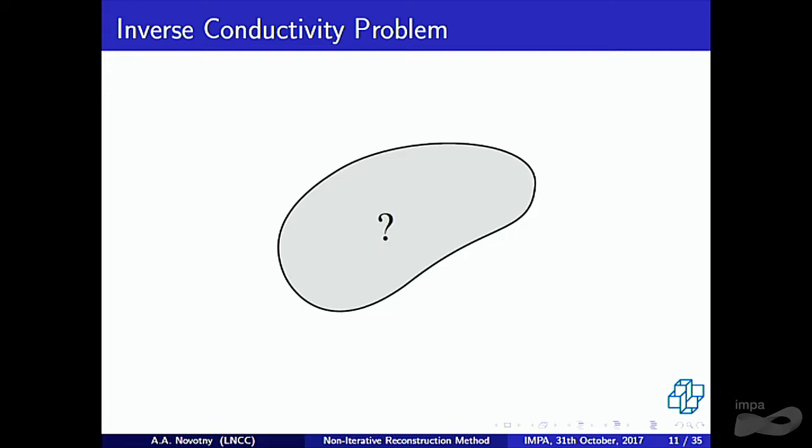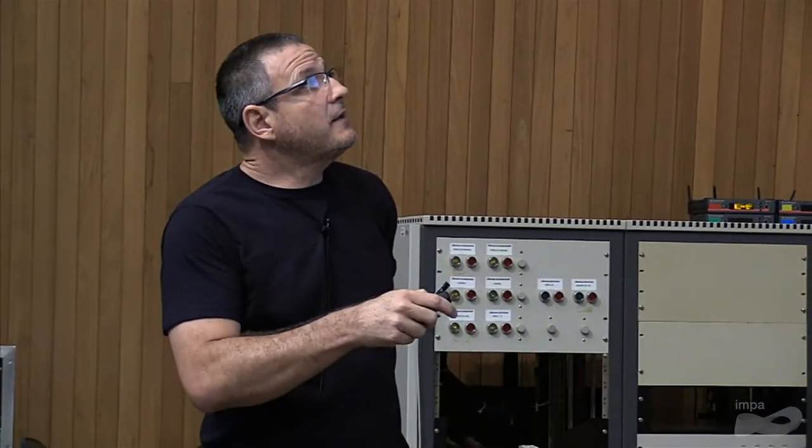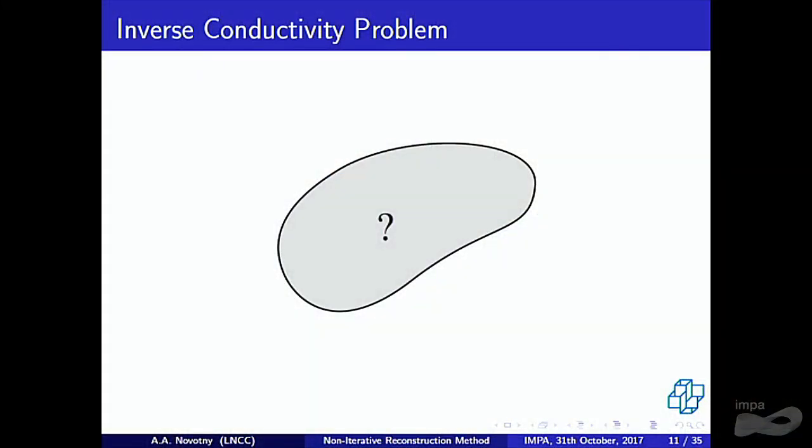So we have no access to these anomalies, but we can measure something on the boundary. In EIT, we have some electrical flux traveling on omega, and we have some boundary measurements of the associated electric potential on the boundary. And from this information, we want to reconstruct the set of anomalies.